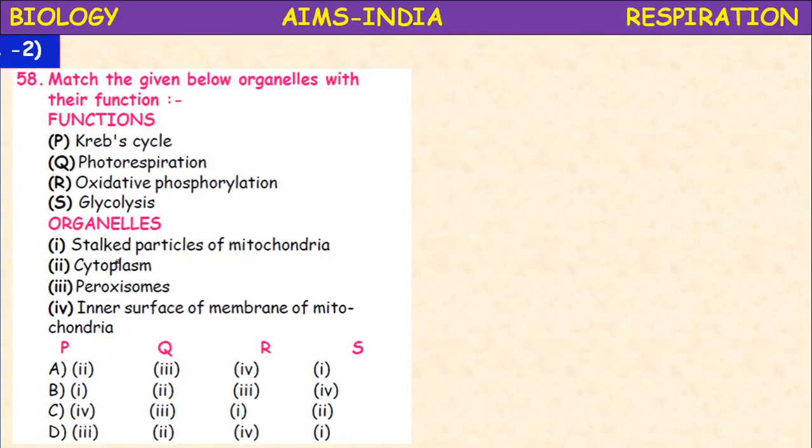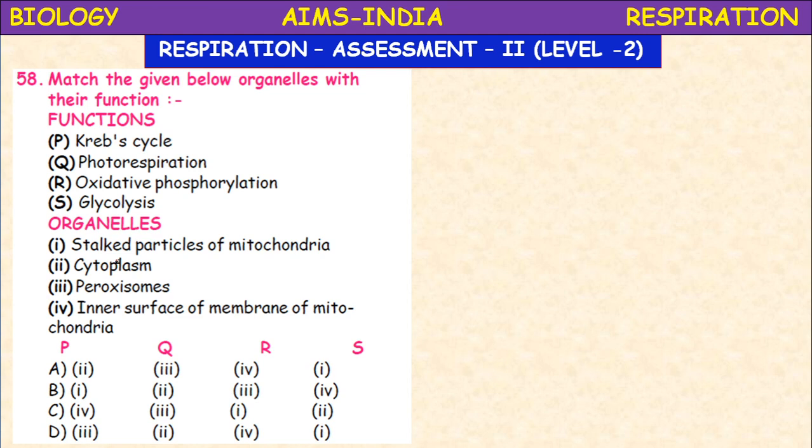Next, here match the following and select the right option given below. Here the organelles are given and the functions are given. Krebs cycle is in the functions first and organelles in the next column. Functions: Krebs cycle, photorespiration, oxidative phosphorylation and glycolysis.